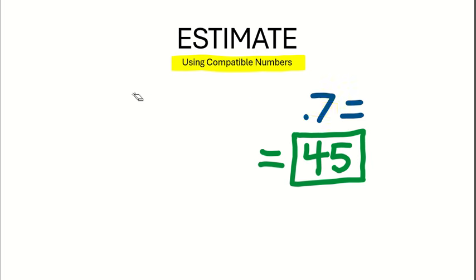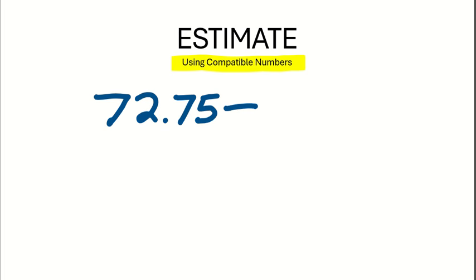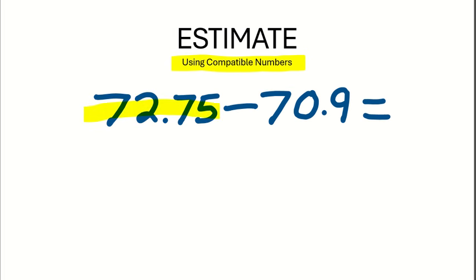Let's do another one. What if I have 72 and 7/75, and I want to subtract 70 and 9/10 from that? Well, this is about $72.75.